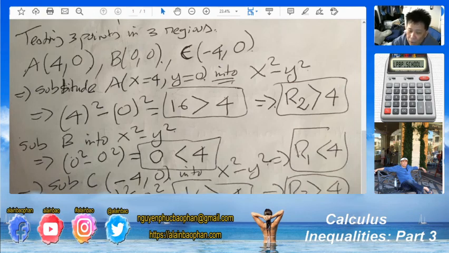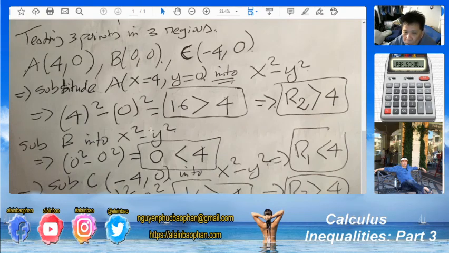Okay, so I will stop the lesson today, and we will continue with the last part of chapter 1, inequality. This particular example or problem is about two variables, and in the exam you will probably have one of these.